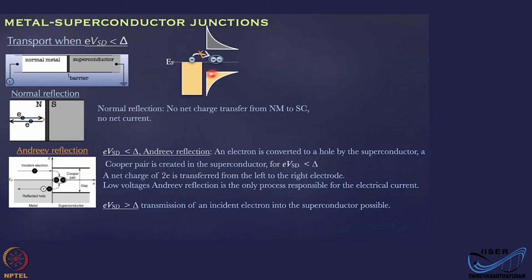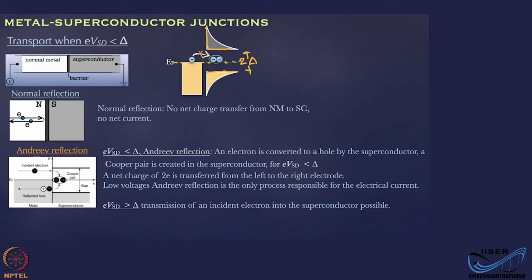And on the superconductor side, you have a gap of 2 delta right at the Fermi energy for electrons. All the states until this are filled, and these states are empty. But there is a state right at the Fermi energy for the superconductor, but that is only for Cooper pairs. Those are not for electrons.